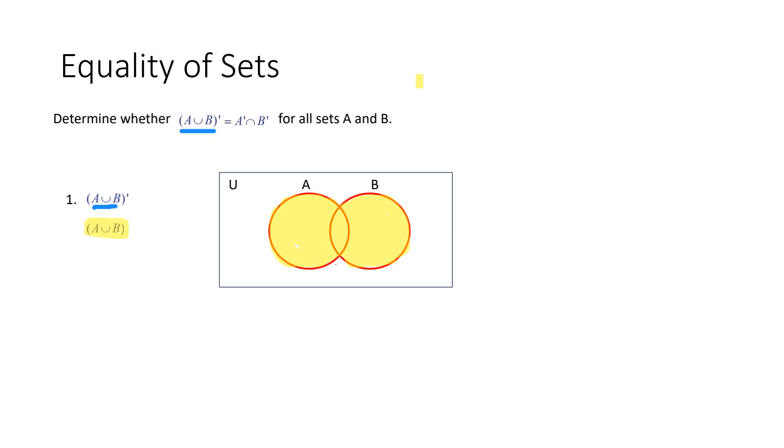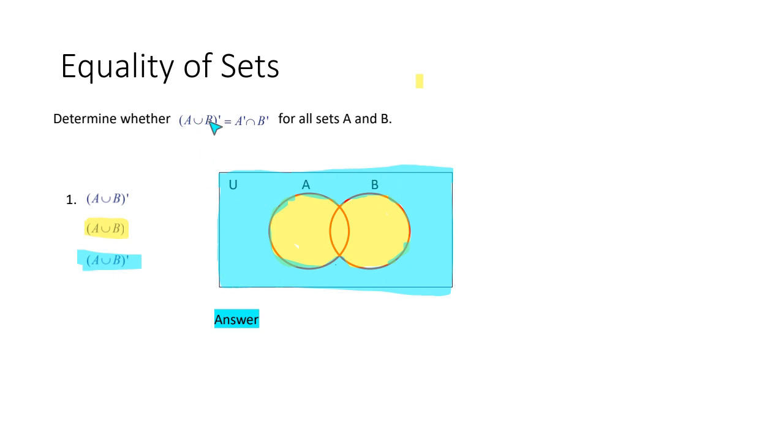However, the next part is we have to consider that it's asking for the complement. So the complement of the union of A and B. And so that's going to be everything outside of those circles. So what we're looking at here is my answer for A union B complement is everything that is going to be in turquoise. So it's everything outside of the circles.